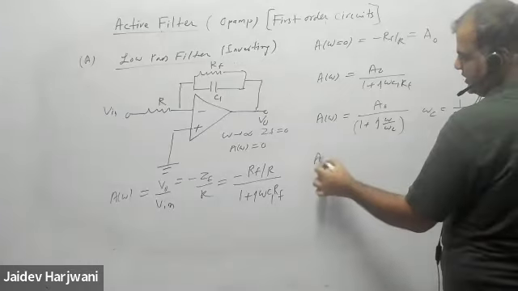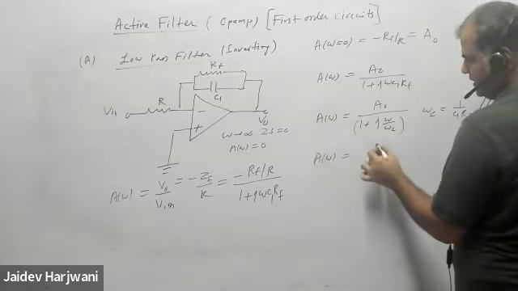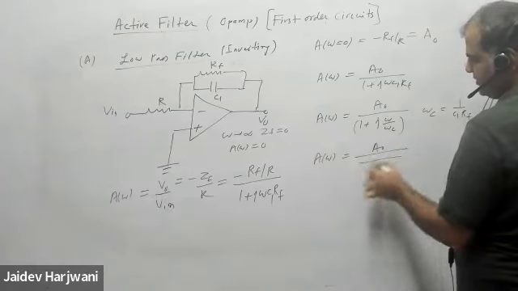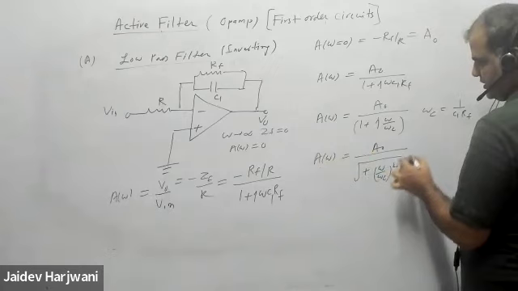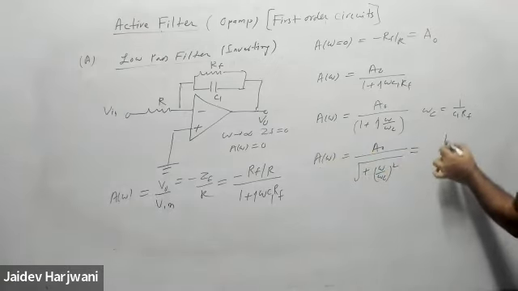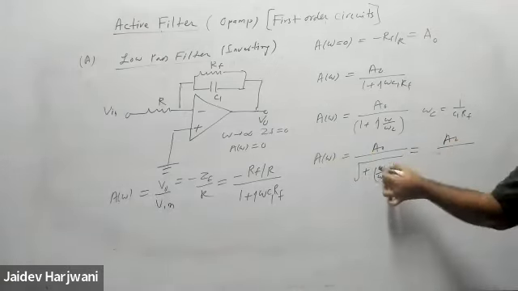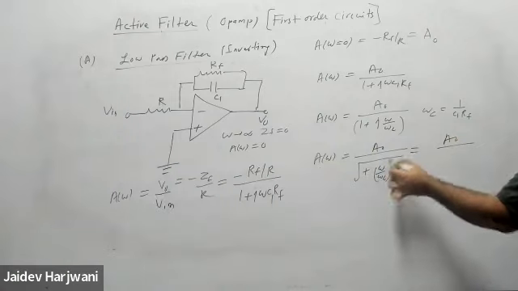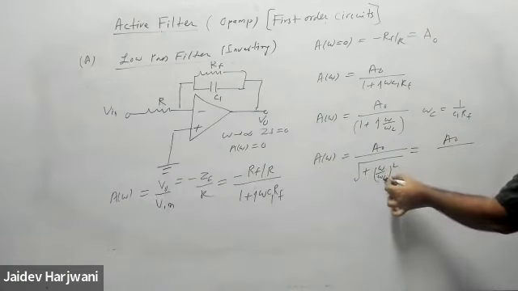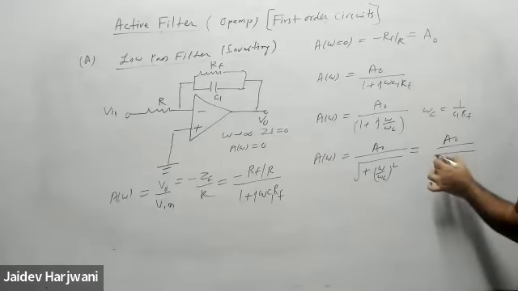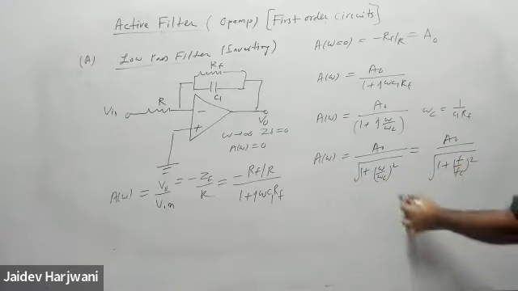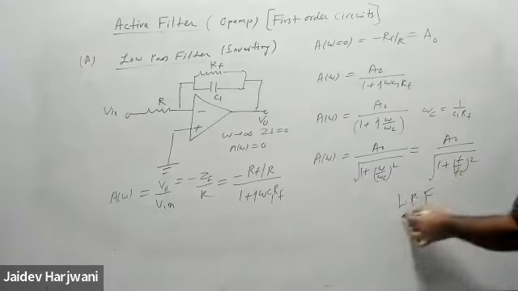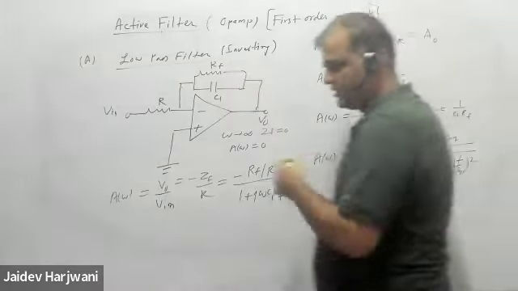The gain magnitude of the circuit is A naught upon the square root of 1 plus omega upon omega c squared, which is the low pass filter gain. Where omega is down, this is up, this is a low pass filter. When omega is down and omega c is up, that will be a high pass filter. So 1 plus f upon fc squared, this is a low pass filter. And directly you can also check without solving this.